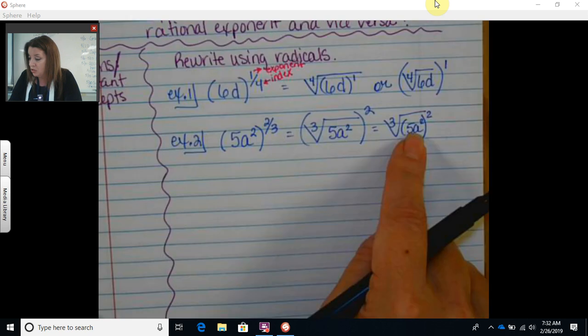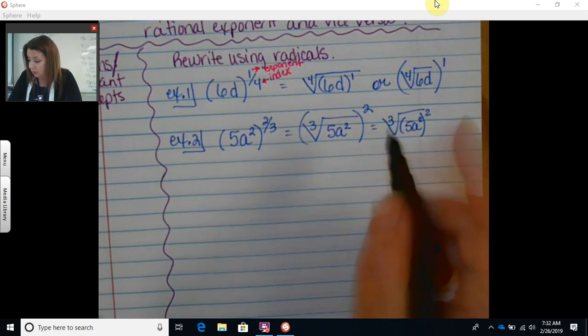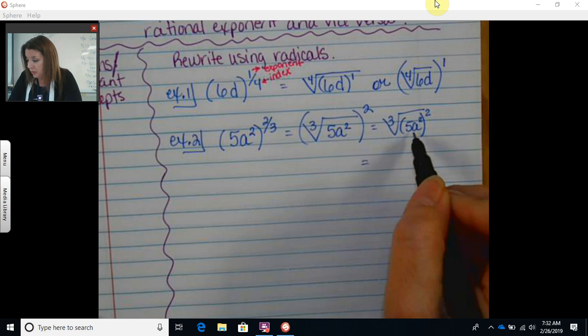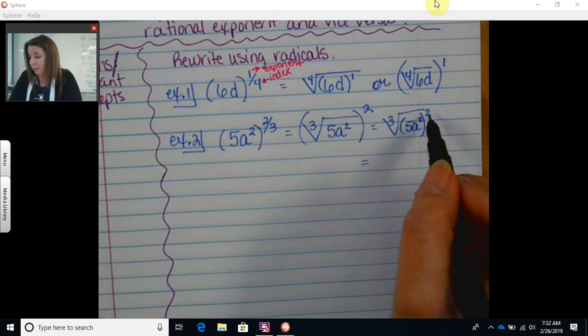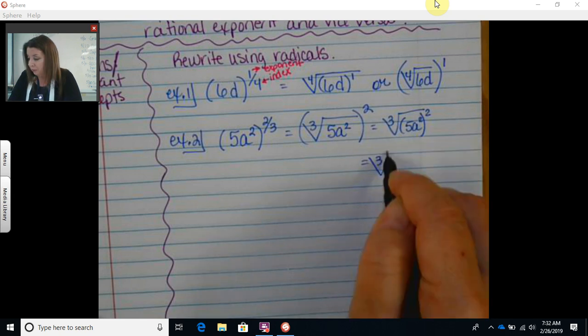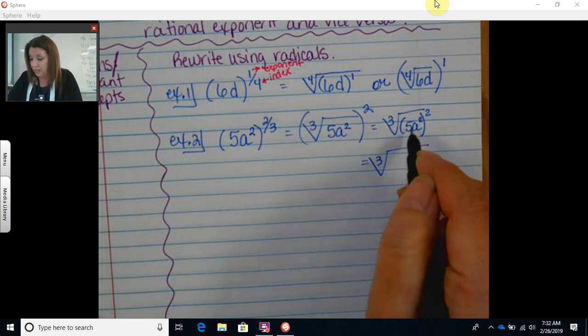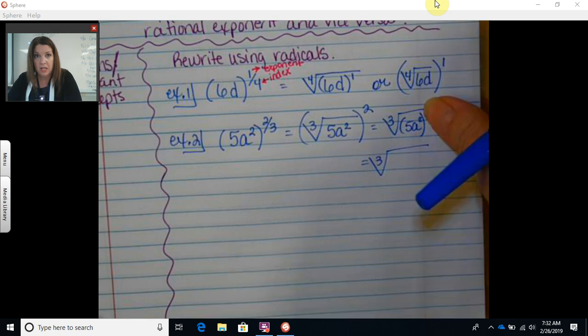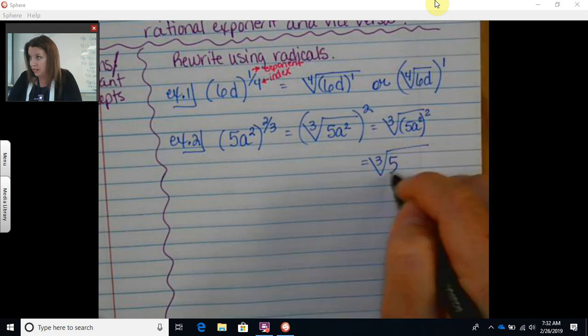So let's see if we can simplify that a little bit. Because we have exponents with exponents, we know that's a power to a power rule, right? So that would be the cubed root of, what is 5's exponent before you raise it to the second power? 1. So when we have a power to a power, we keep the base and do what to the exponents?